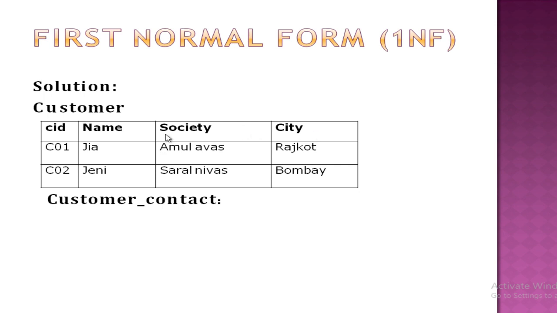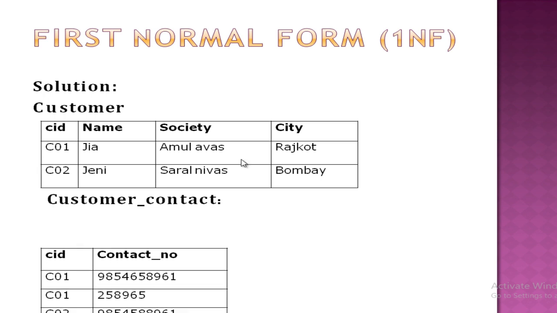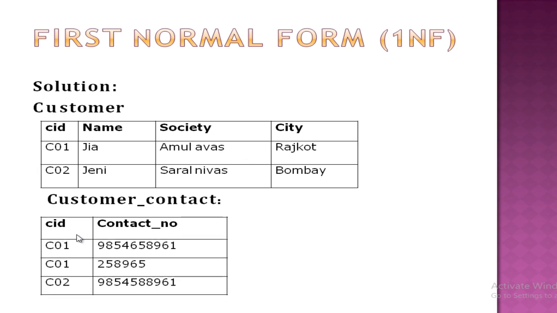So we bifurcate that particular column into two columns. And the second solution is that, since we have multiple contact numbers, we can write the customer ID and contact number, or you can write contact number 1, contact number 2. Okay, so here is the solution of first normal form.